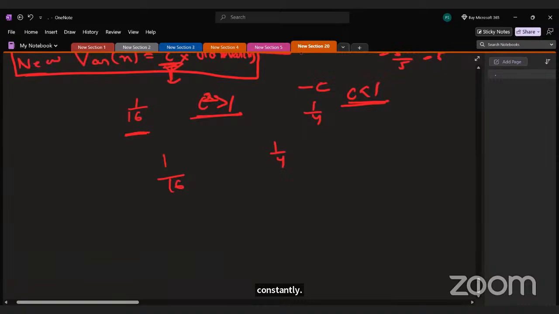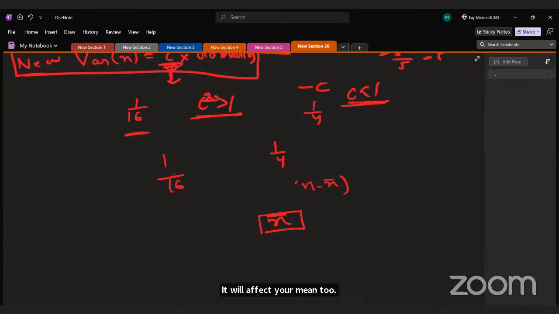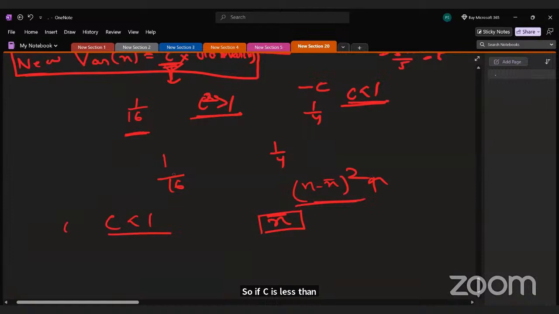Let's see. If you do this, it will even reduce your mean. It will affect your mean too. Sir, you can take an example of c less than 1.